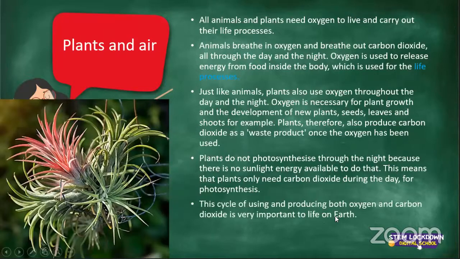This cycle of using and producing both oxygen and carbon dioxide is very, very important to life on Earth. Both oxygen and carbon dioxide are very important for photosynthesis, and photosynthesis is important for us to get food.